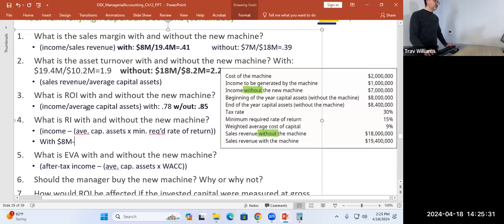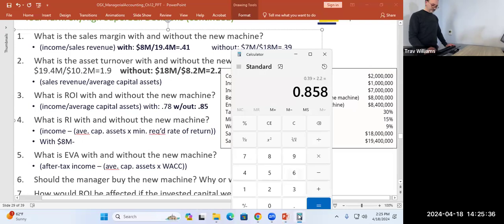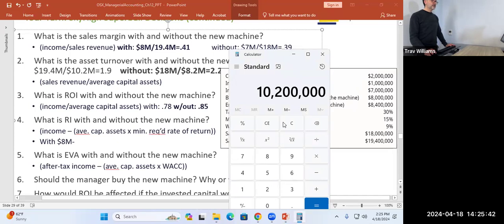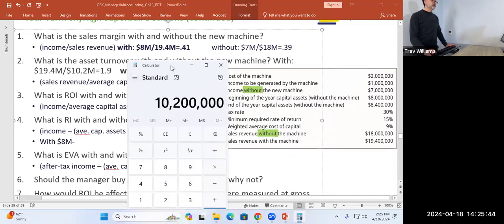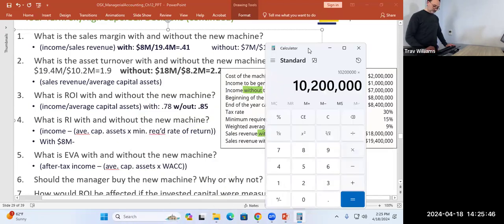With the machine, the average capital assets was 10.2 million. The required rate of return here is 15%. That's 1,530,000. So 8 million minus 1,530,000 is 6,470,000, right?